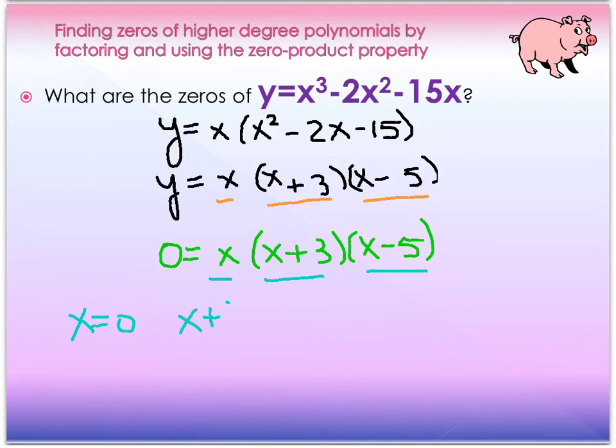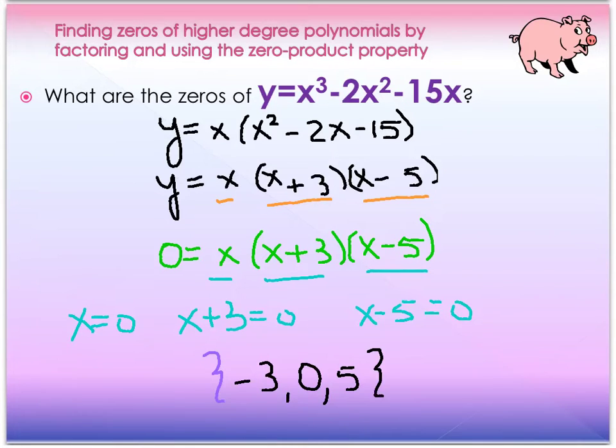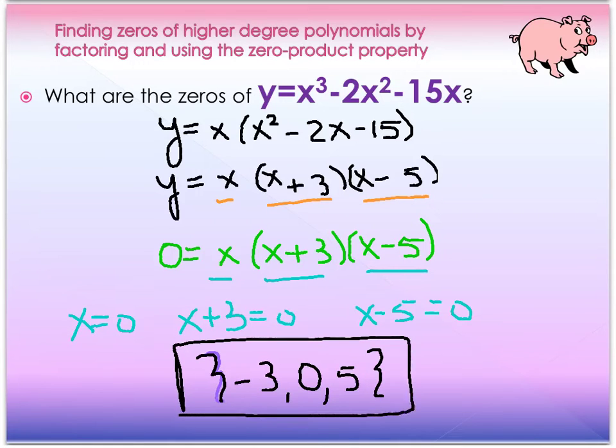I have x plus 3 equal to 0. And then I have x minus 5 equal to 0. So it's very easy to see that my zeros are going to be 0, negative 3, and positive 5. And yes, we like to write our smallest term first. So solving those three mini equations, these are the solutions or the zeros that we find for this cubic function.